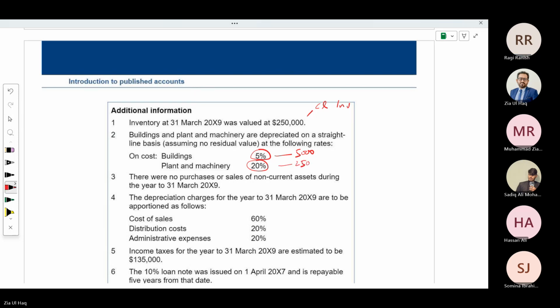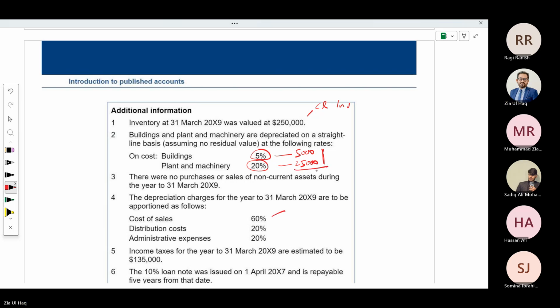25,000. There were no purchases or sales of non-current assets during the year, making life easy. That means no addition, no disposal of assets. The depreciation charge for the year to 31st March 20X9 is to be apportioned as follows. 60% of these figures will be charged to cost of sales.